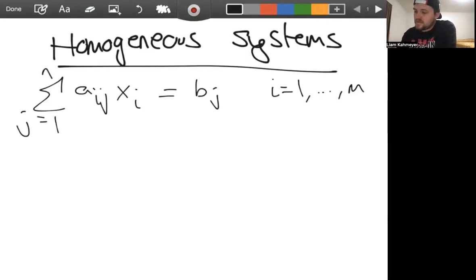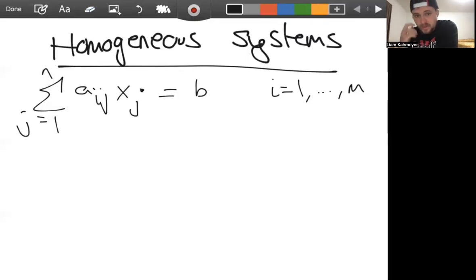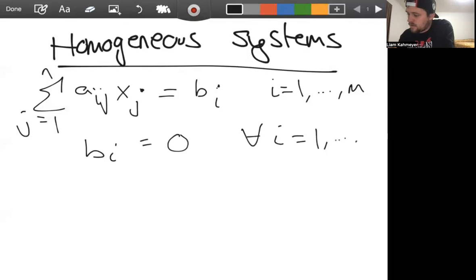But here, I have these backwards, sorry. Because n is denoting the number of variables, and m is denoting the number of equations. And i is running from 1 to m, so that should be b sub i. Sorry for the mistake there. And a homogeneous system is when b sub i equals 0 for all i ranging from 1 to m. This is exactly what it means for a system to be homogeneous.